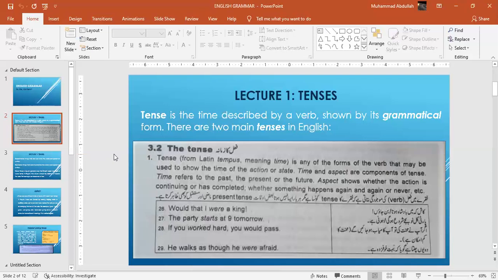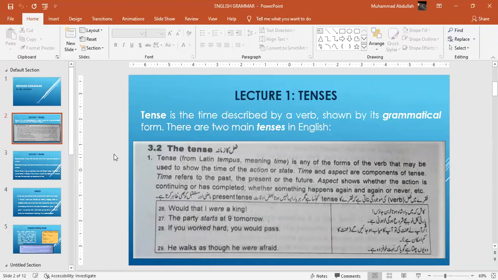If the grammatical sense of the tense is that it shows time of action, so we can say simply that tenses reflect the three basic divisions of time: present, past, or future, in the form of different aspects, which are various.